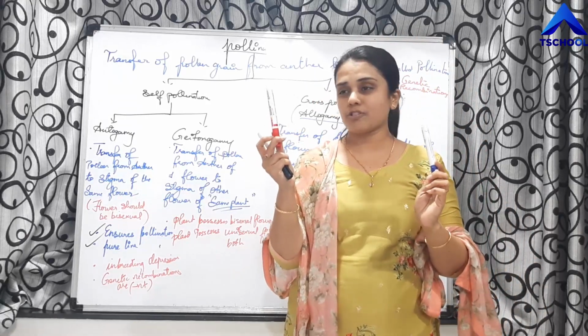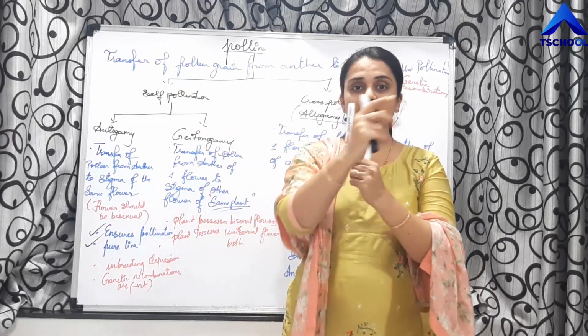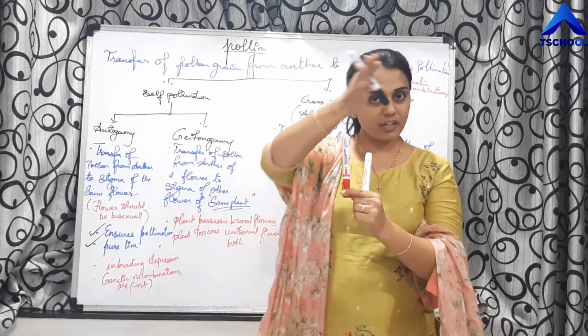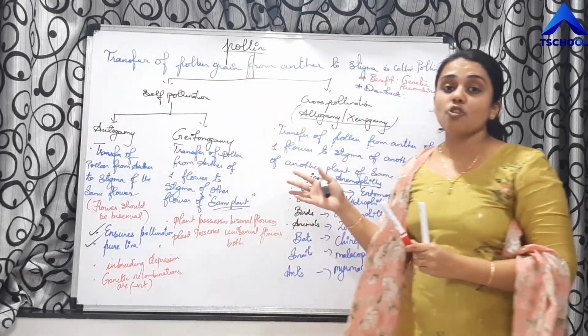This is the end portion, say a seashore. But if the direction of the wind is this, then how will this flower get the pollen grains? Because the direction of wind is on this direction and there are no further plants. So this is a drawback.